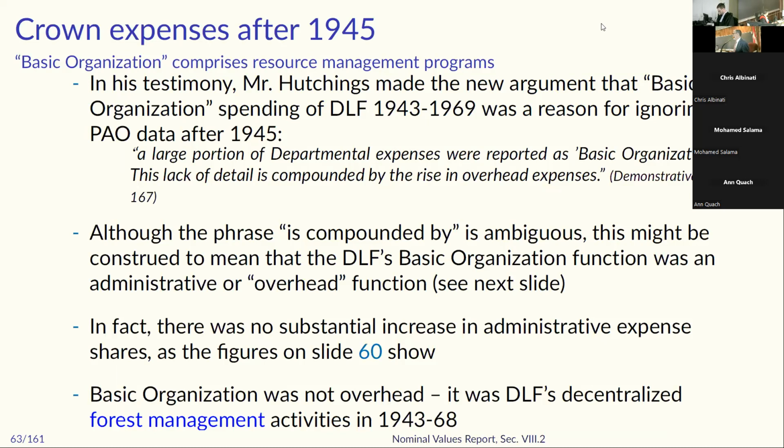In our opinion, there was no substantial increase in administrative expense as a share of the relevant ministry totals. I've written, as the figures on slide 60 show, I'm afraid that's wrong. It's slide 66 in the current version of the deck. We will get there shortly, I hope. Well, I'll show you what we think was happening to administrative expense over time. I believe it's 66 and 67. Correct.